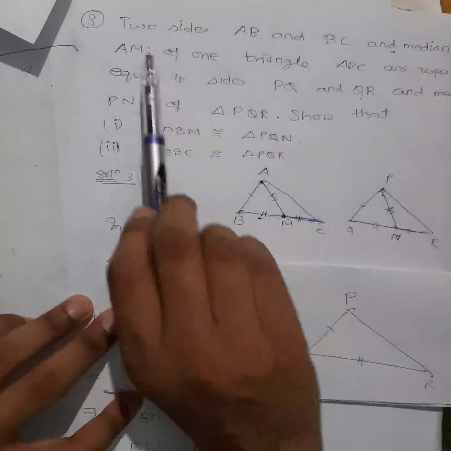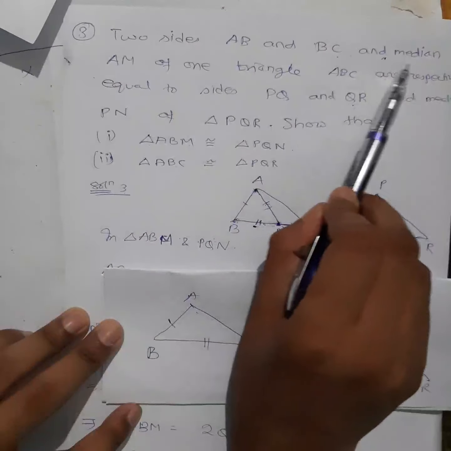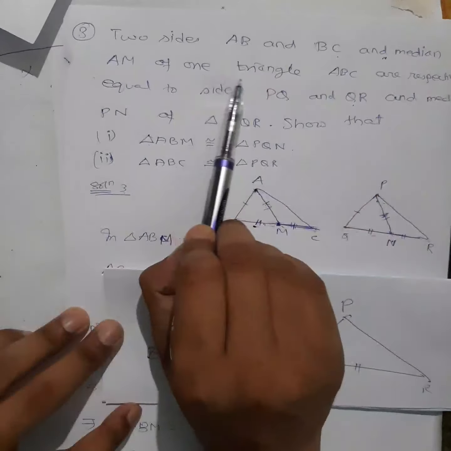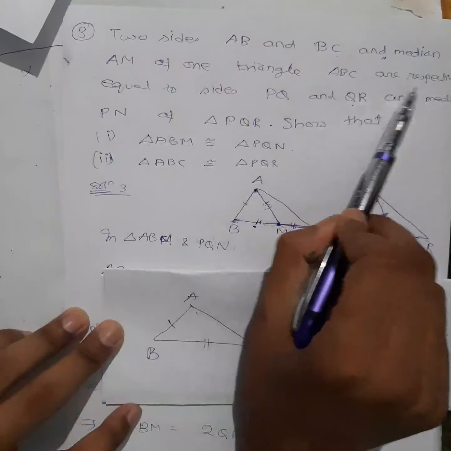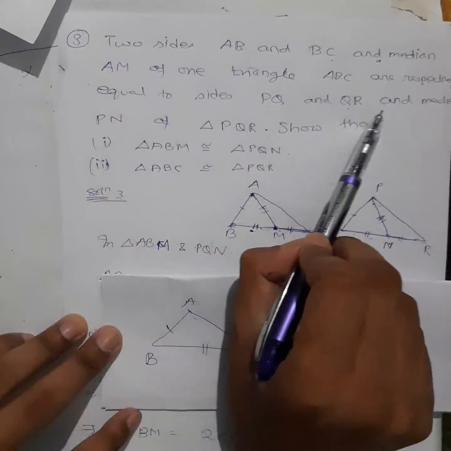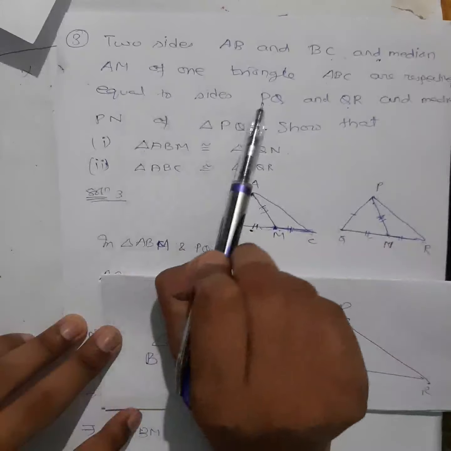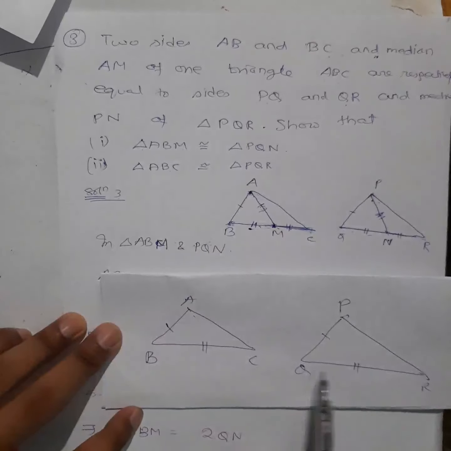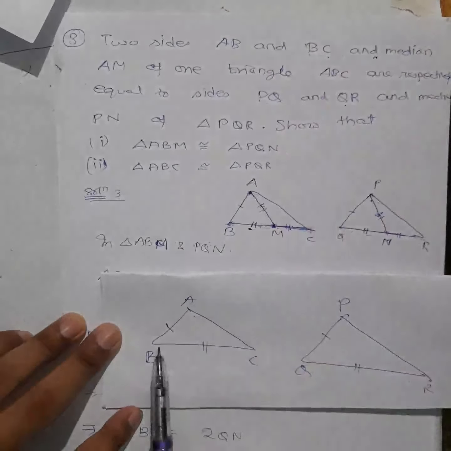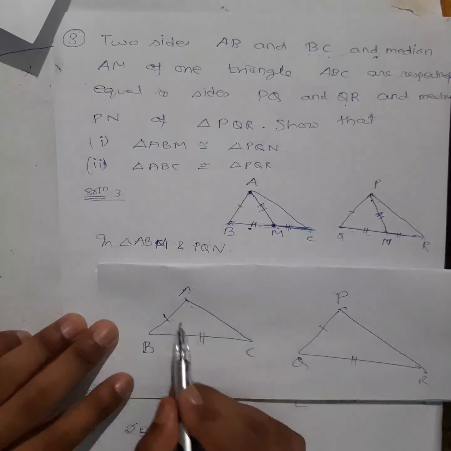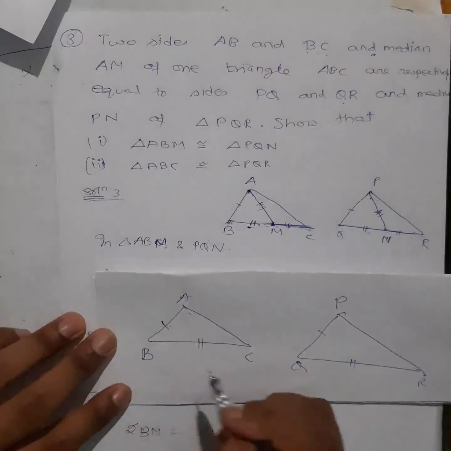Two sides AB and BC and the median of one triangle ABC are respectively equal to sides PQ, QR and median PN. So they have already given QR and BC will be the same. Okay, so these two are already the same, right? Now one more I have to show.